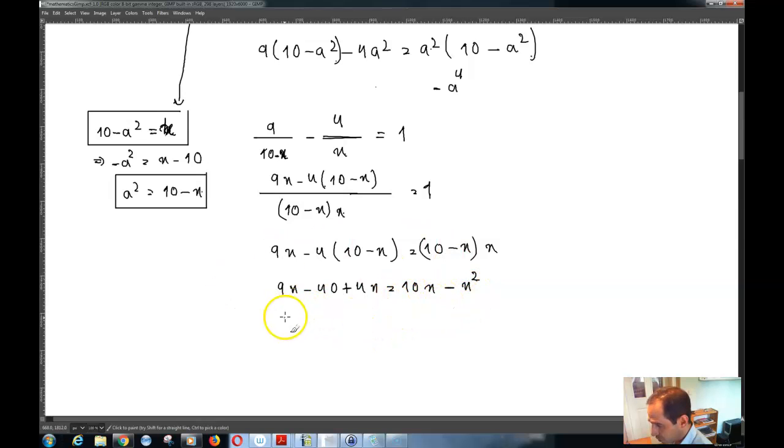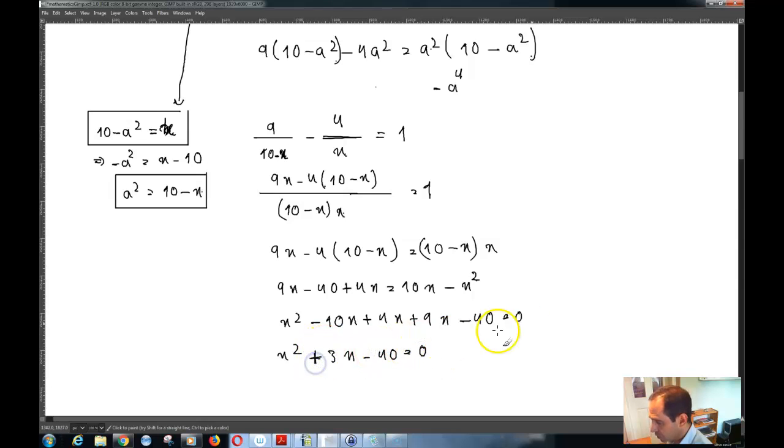Take everything to one side, x squared minus 10x plus 4x plus 9x minus 40 is equal to 0. And so x squared, negative 10x, 4x, 9x, minus 40. So then x squared, that is 13 minus 10 is equal to plus 3x minus 40 is equal to 0.